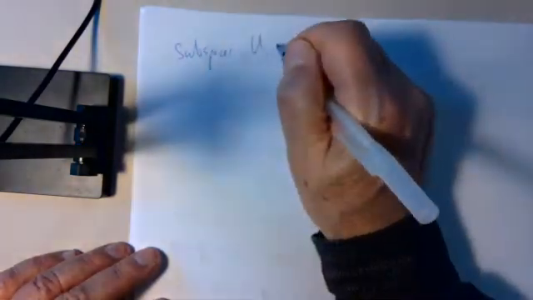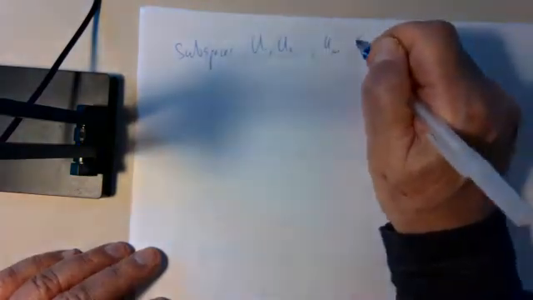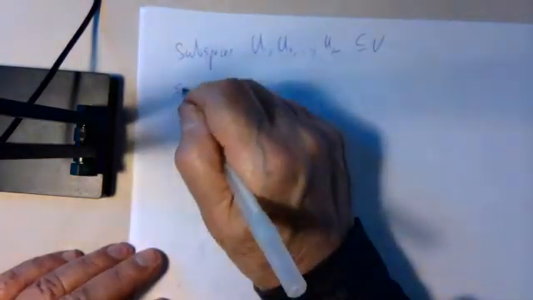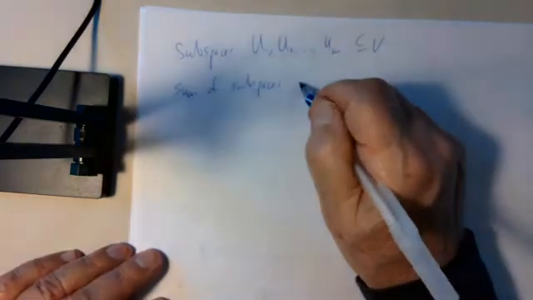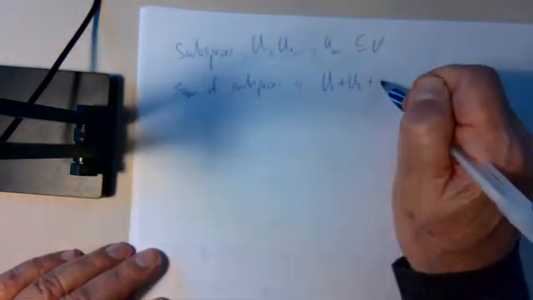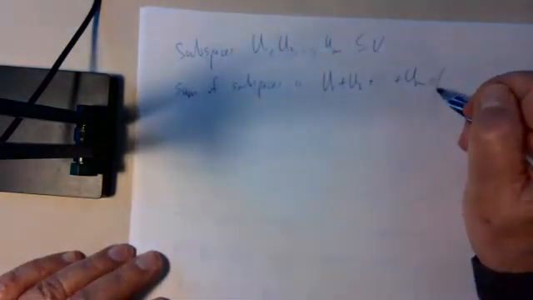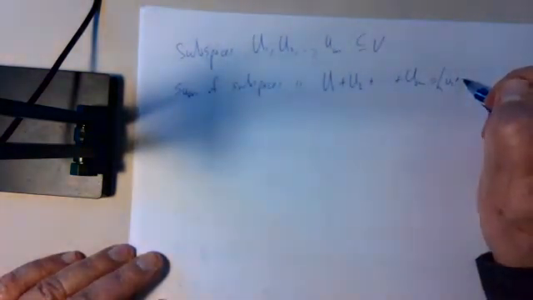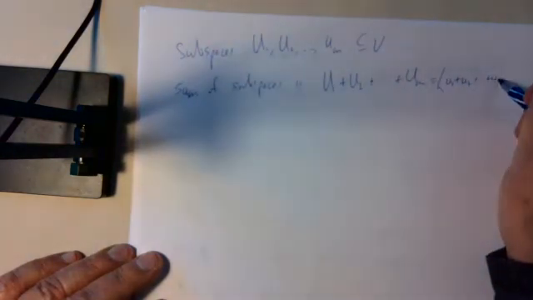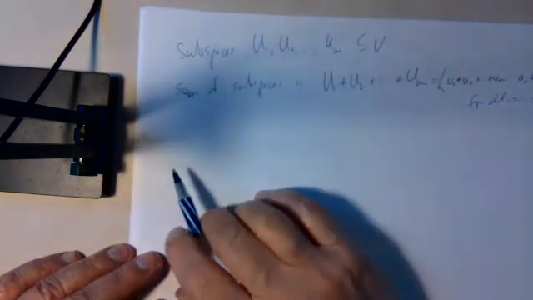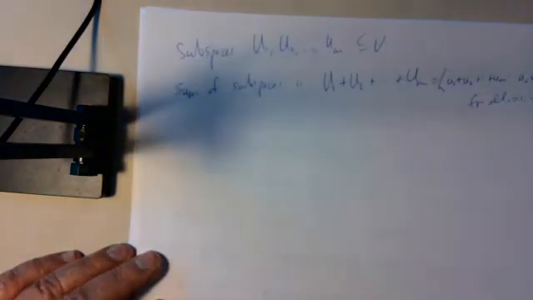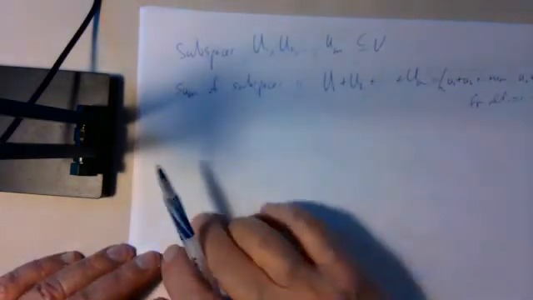So we have subspaces U1, U2 up to U sub M contained in V, and the sum of the subspaces is U1 plus U2 up to U sub M, which is the set of all vectors of the form u1 plus u2 plus u sub m, where u sub i is in the subspace U sub i for all i from 1 up to M. Now, there's nothing unique about this representation in general.